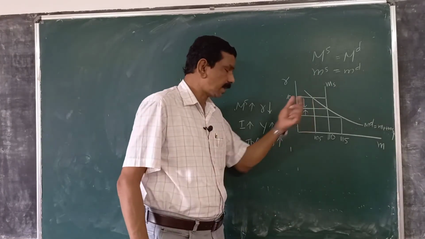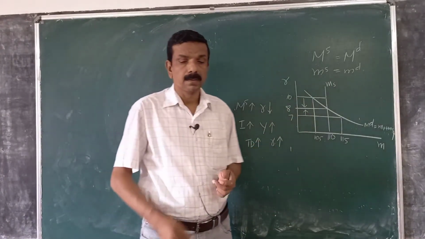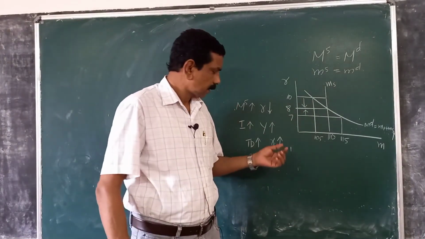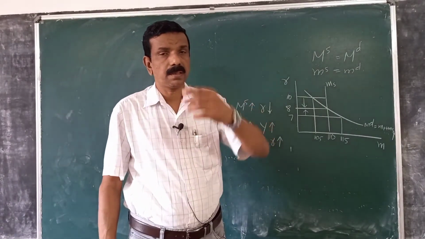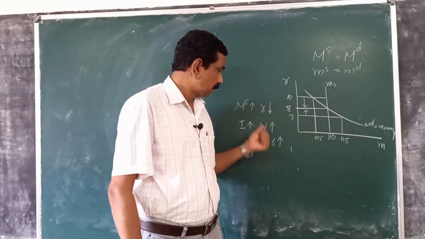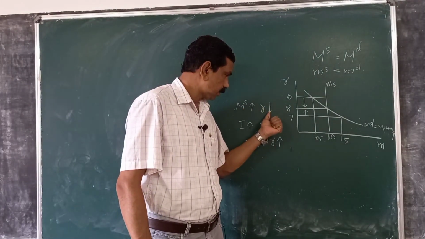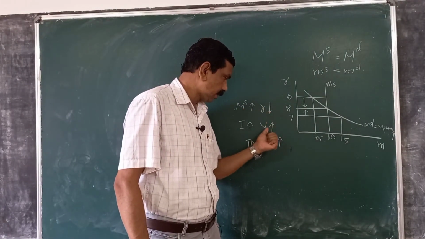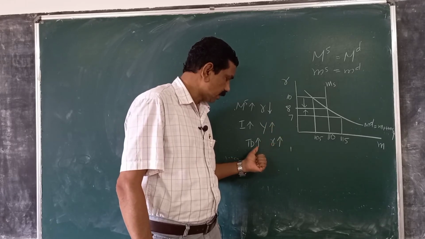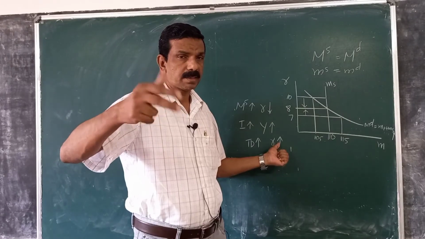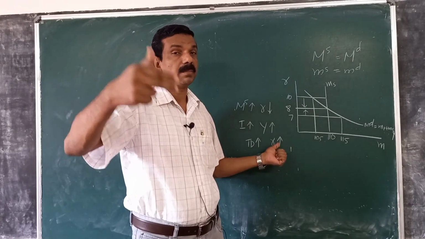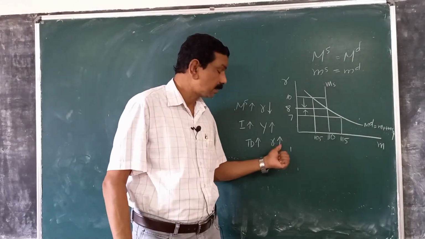So, as income increases, transaction demand increases, and it increases the rate of interest. If the transaction demand for money increases with the money supply held constant, the increase in transaction demand can be met only by selling bonds. That increases the rate of interest.